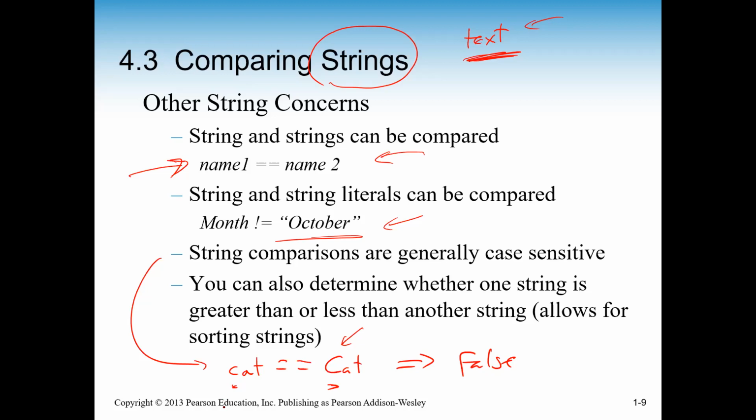You can also determine whether one string is greater than or less than another string. That's because at the end of the day, they are numbers, right? You can think of these letters as just the equivalent numbers, and so you can do those kinds of operations as well. Although that's certainly not done so much, you can do it for some applications, sure.